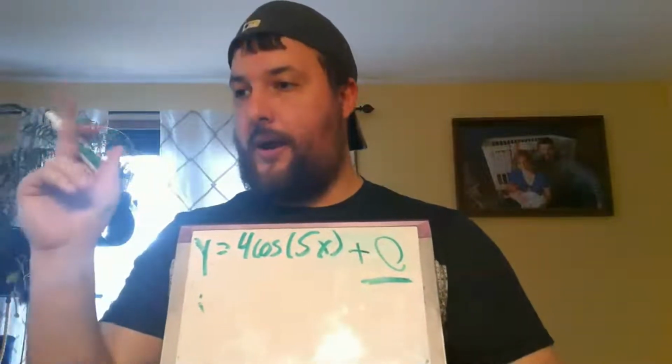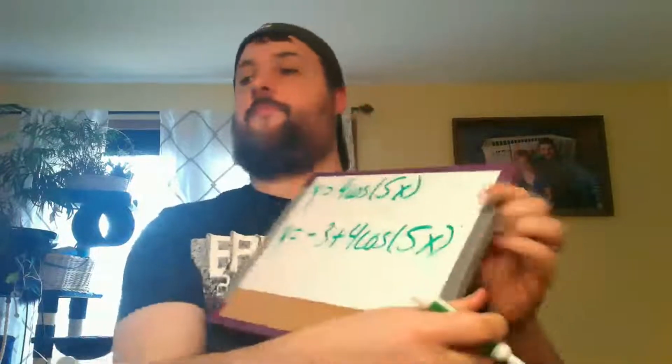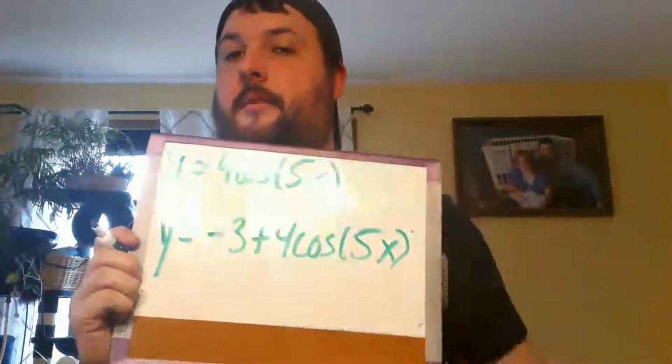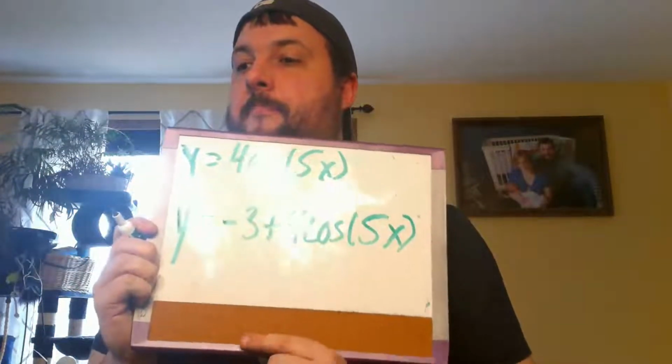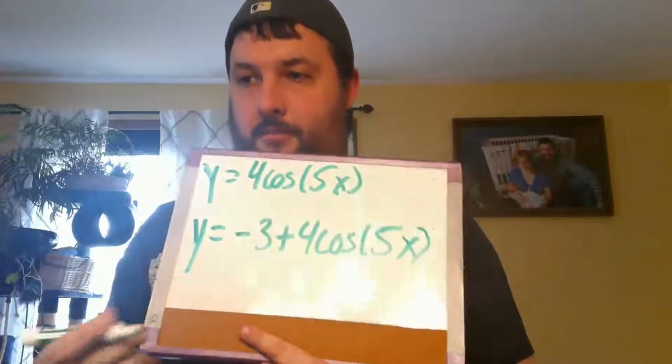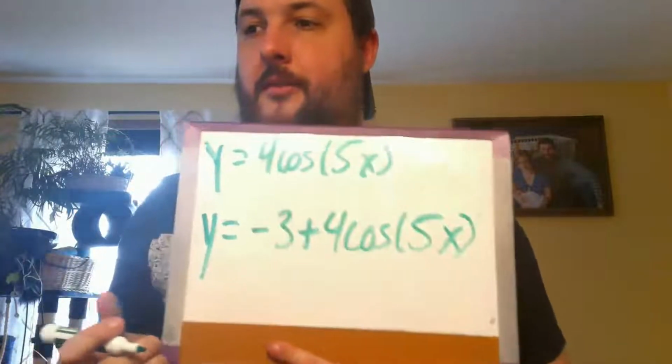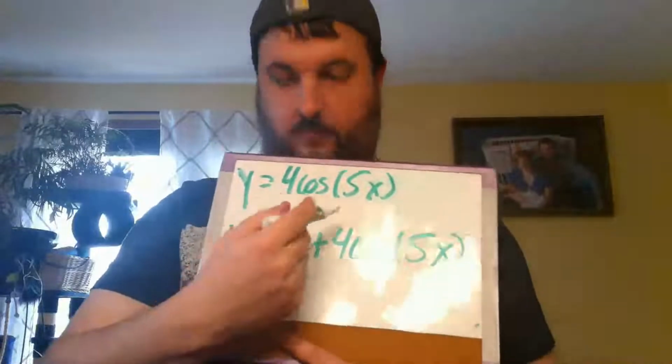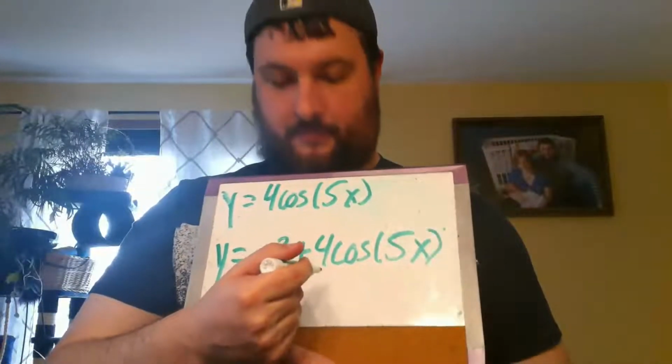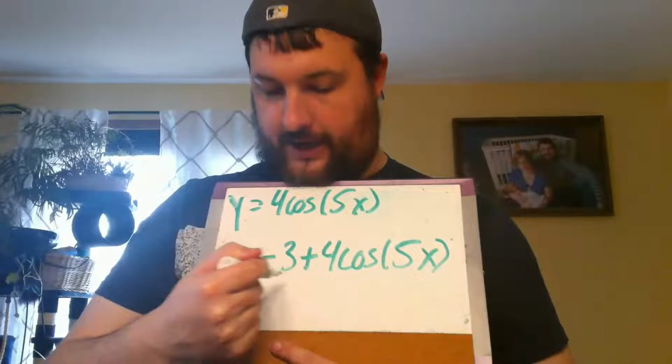And I believe on the quiz, if I were to write it something like this, it's a similar form as this one here, but I put that minus 3 in front.